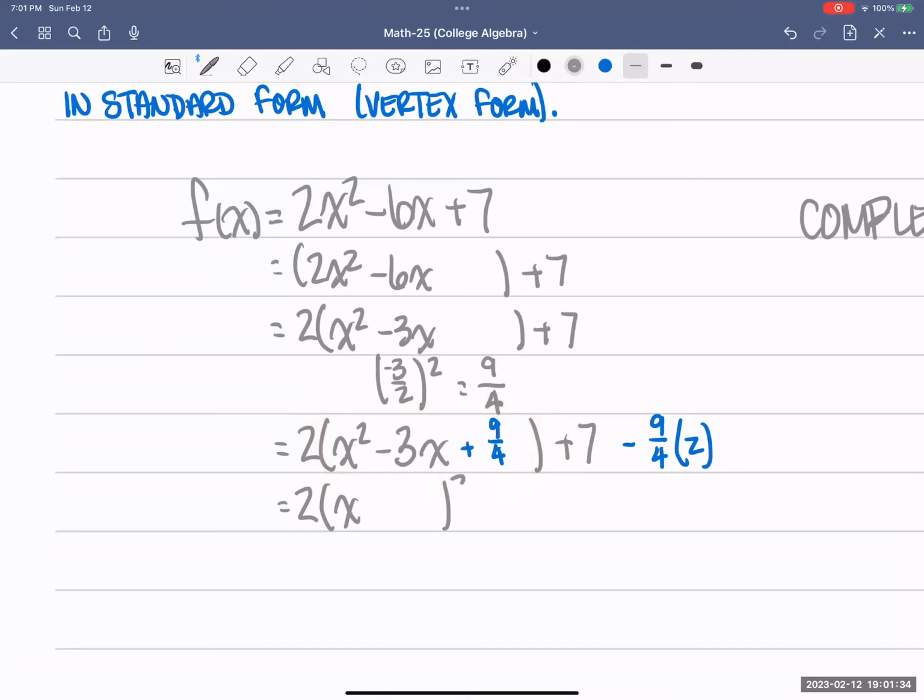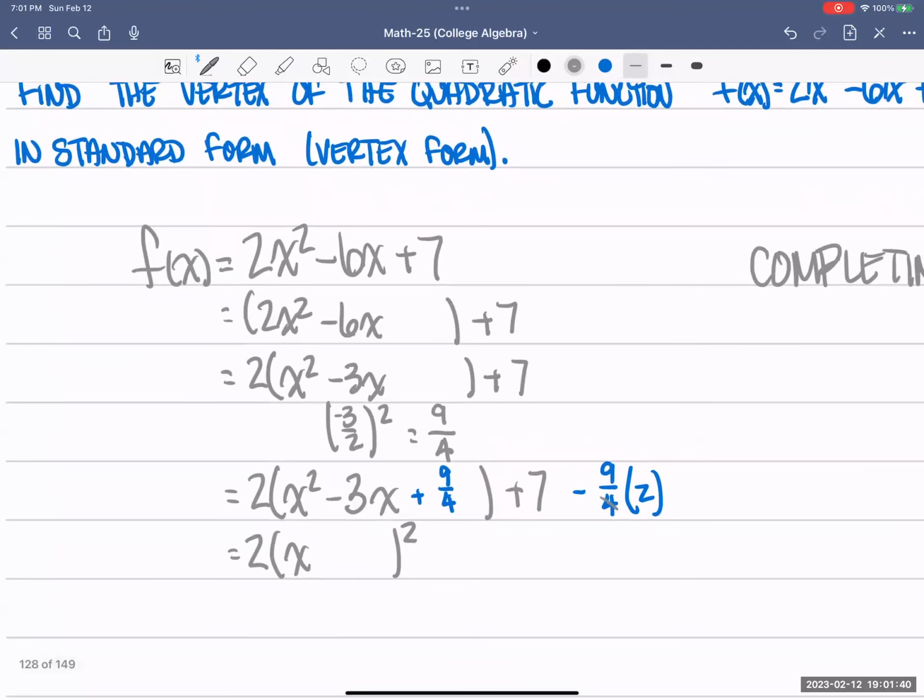So automatically we could write it like this. Here I see that these simplify a little bit, so that could turn into a 2, and it divides out with the other 2 there. But out here, we're going to have to rationalize it. It's going to look a little bit ugly, but it's still going to get us to our vertex form quicker.